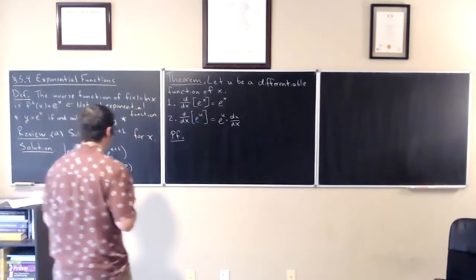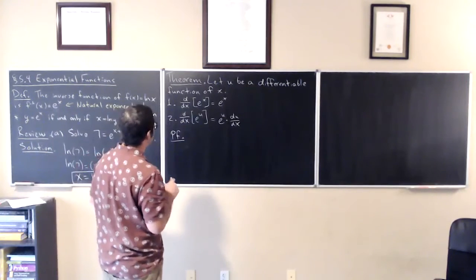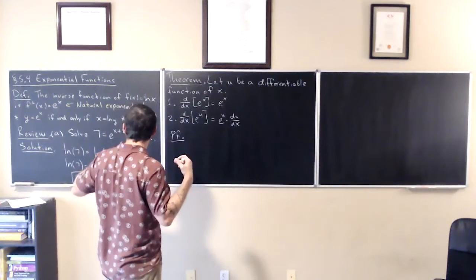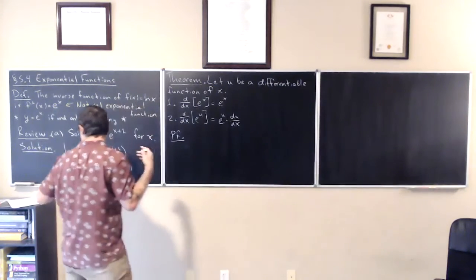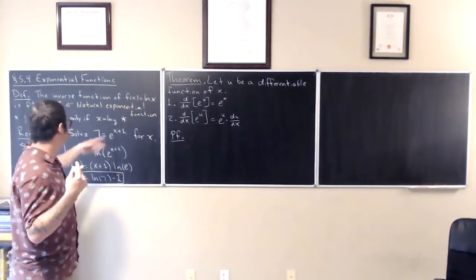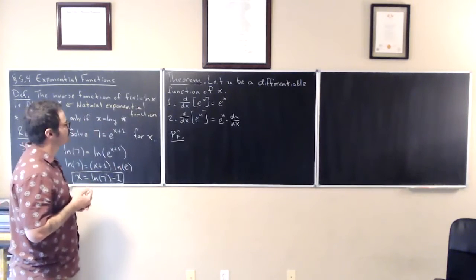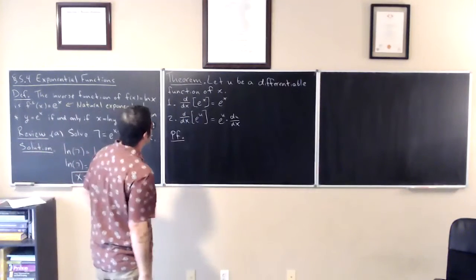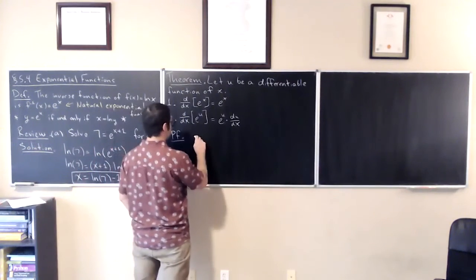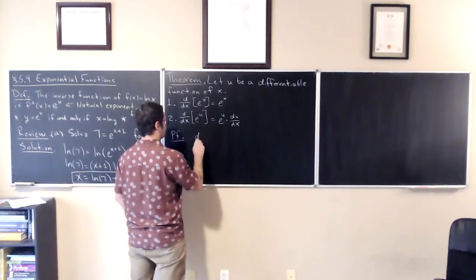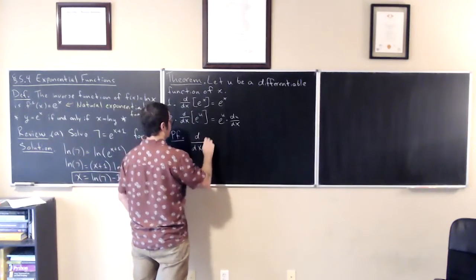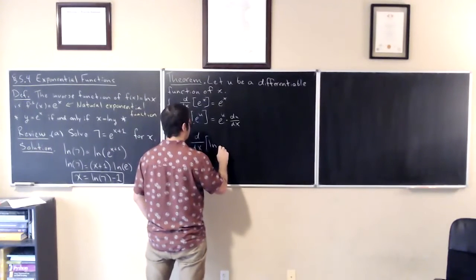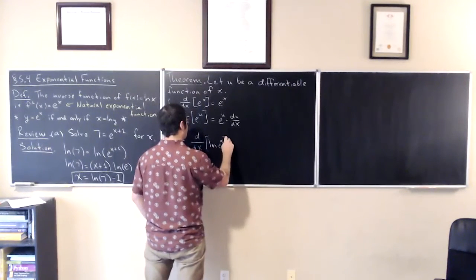How would that look to prove this part 1? Well, we do know about derivatives of logarithms, the natural logarithm, and we also know about rules for exponents. So let's look at the derivative of natural log of e to the power x.